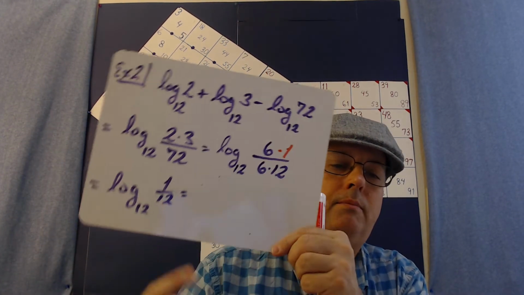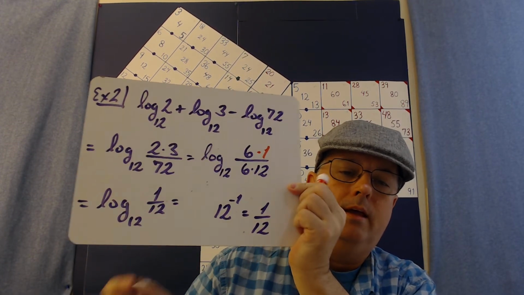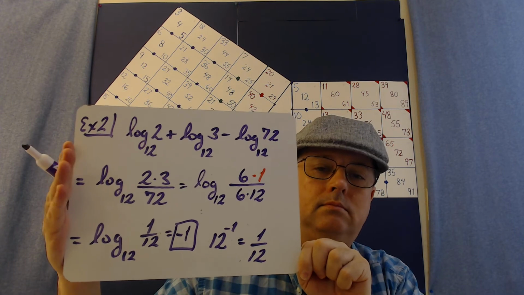So we have log base 12 of 1/12. And so now what is the power that makes 12 become 1/12? So you might remember that if we want fractions, we have to have negative exponents. Okay, so 12 to the negative 1 is 1/12. And so there's our answer, negative 1. Okay, awesome. All right, let's do another problem.